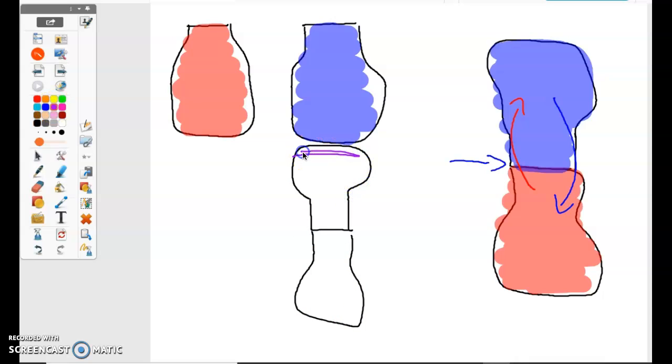Our jars look like, not that color, like this at the end, didn't they? Because the water and the temperatures had mixed evenly. As a matter of fact, when we got done and touched the jars, they were the same temperature, because heat had moved from the hotter object to the cooler object until they were both the same temperature.